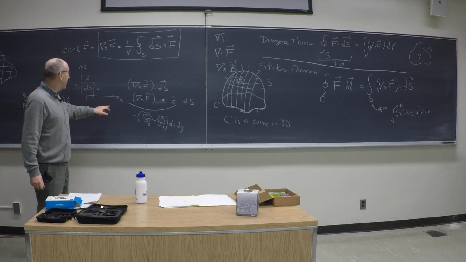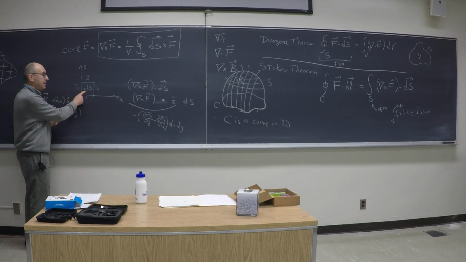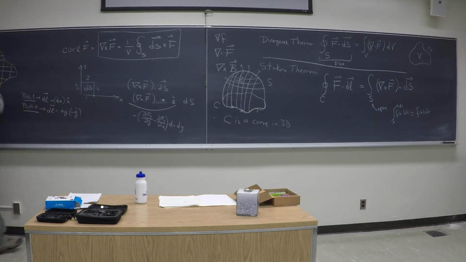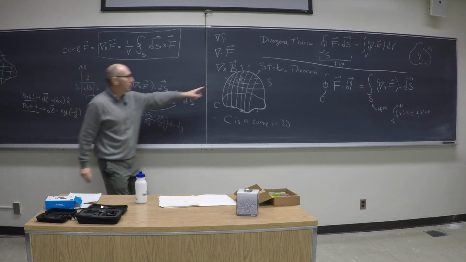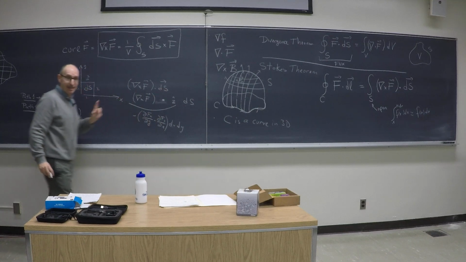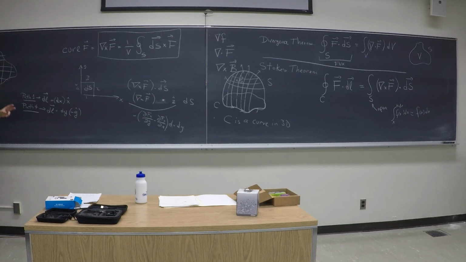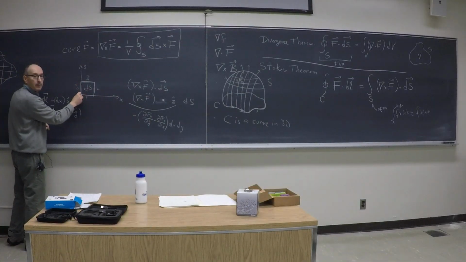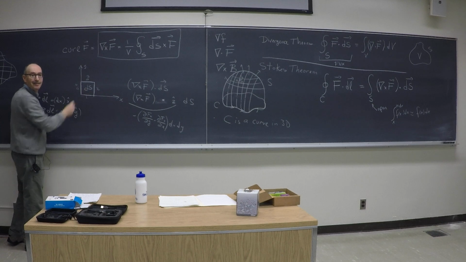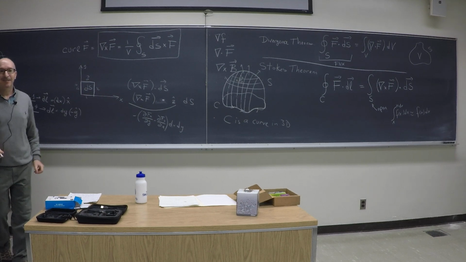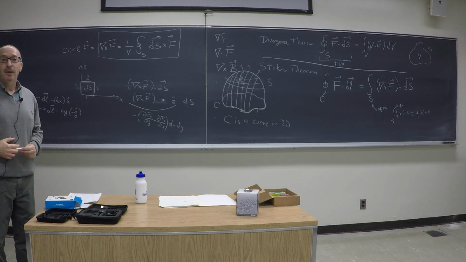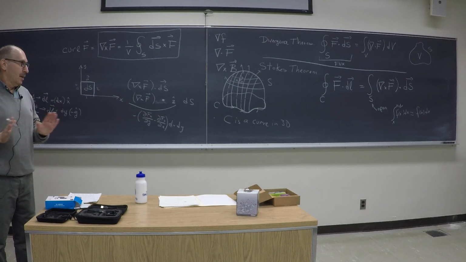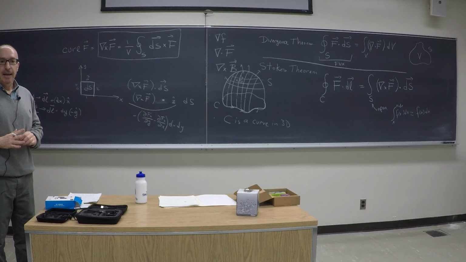Yes, but I already did that. In this patch, say this one here, which in 3 dimensions corresponds to that one, that patch itself has both a curve C and a surface S. The C in this integral is not the same as the C in the big picture you drew.